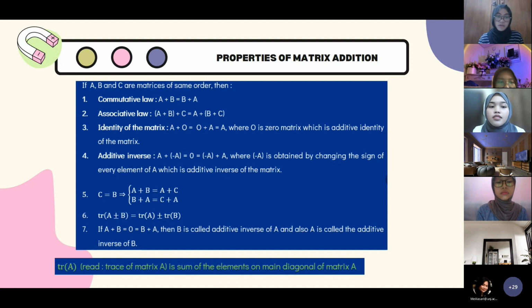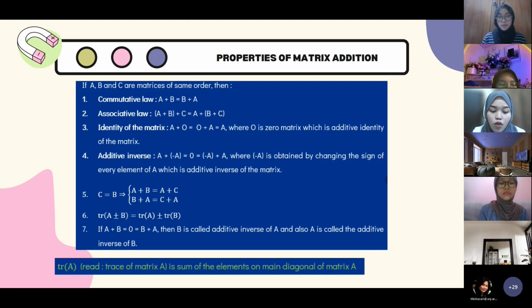For the additive inverse, A plus minus A is equal to 0 is equal to minus A plus A, where minus A is obtained by changing the sign of every element of A, which is the additive inverse of the matrix.